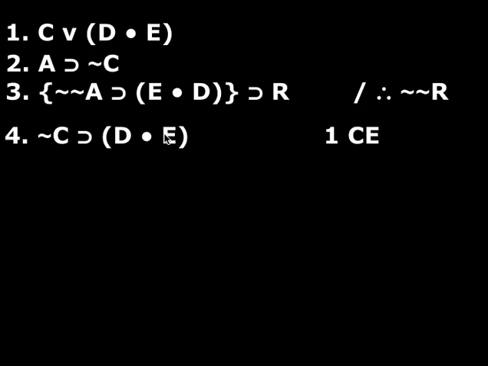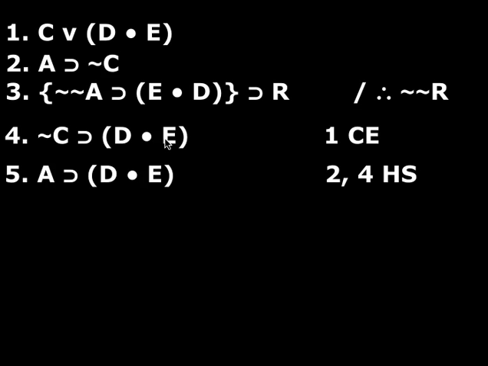D and E, D and E. Now notice I have my hypothetical syllogism. I have 2 conditionals. This consequent is the same as that antecedent. So these common ones kind of drop out, and I get this antecedent, that consequent, if A, then D and E. And that's by 2-4 hypothetical syllogism.